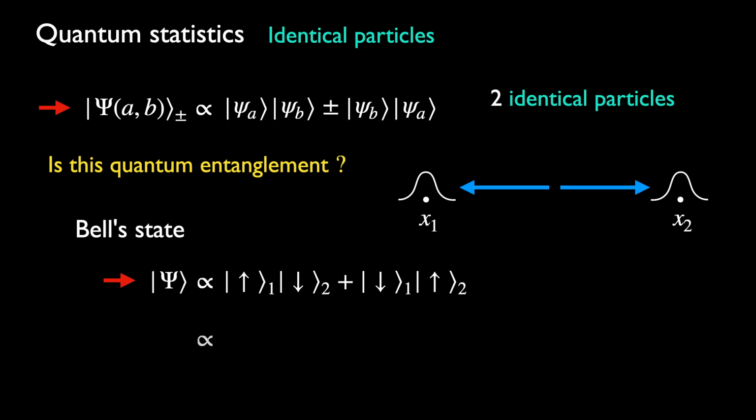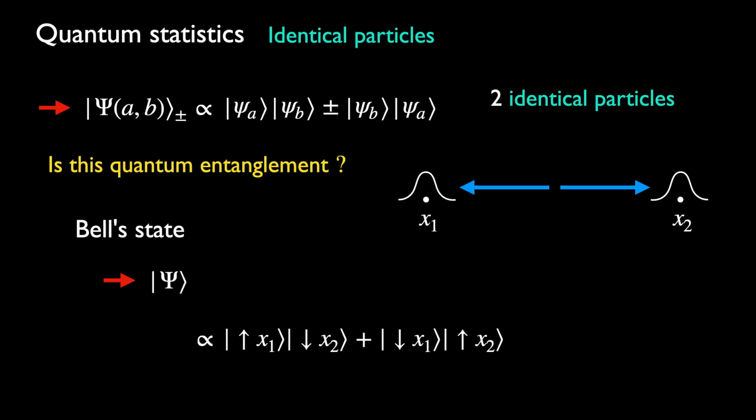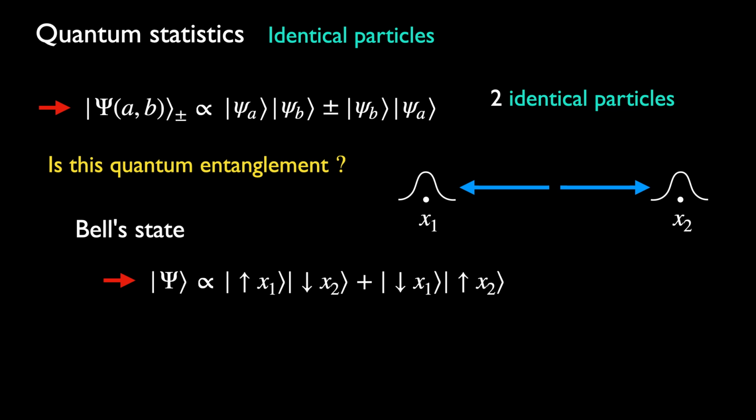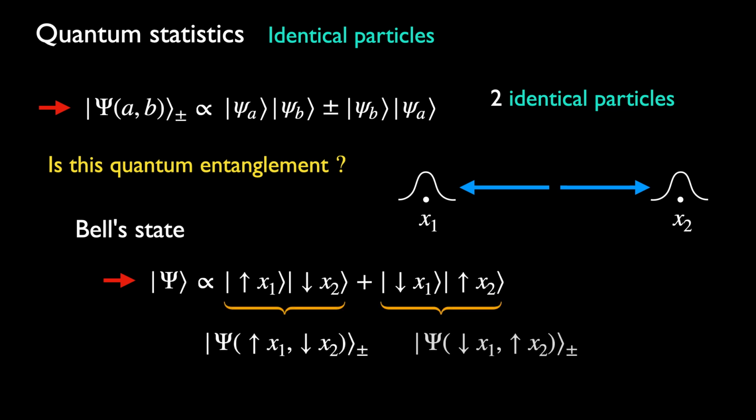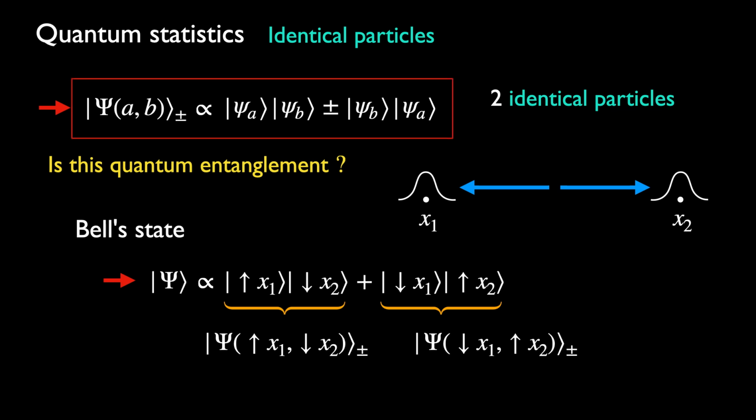Rewriting the state to make explicit these additional information about the particles' positions allows us to make a better comparison with the state above. The actual symmetrization or anti-symmetrization to take care of the indistinguishability of identical particles should really be applied individually to each term in the superposition, according to the convention above.